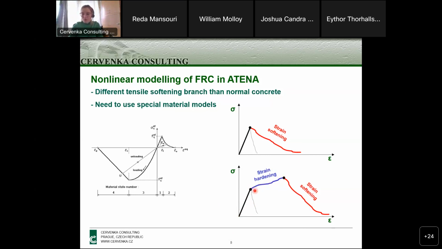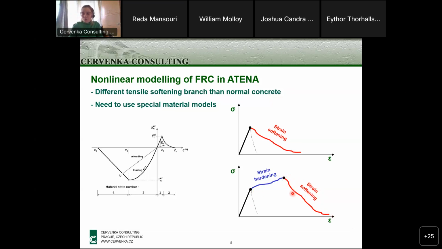During the strain hardening, multiple cracks are developed, and it ends at the point where the maximum post-crack stress is reached. At this point, the third part of the stress strain diagram, called strain softening, starts.